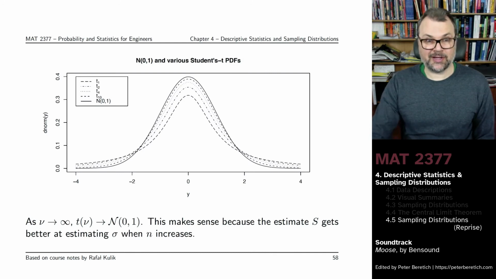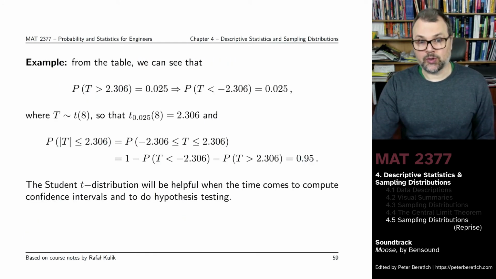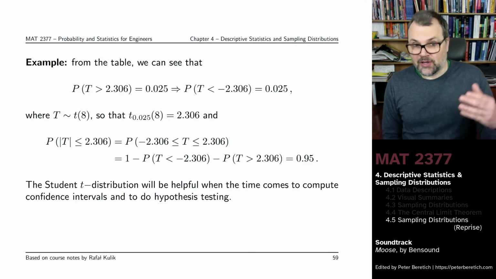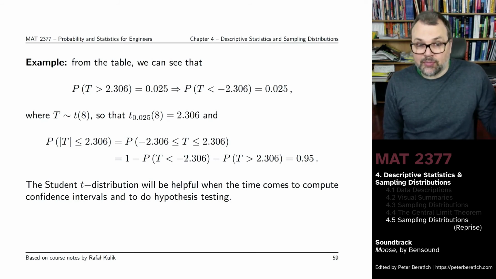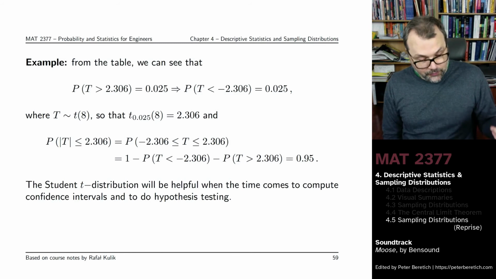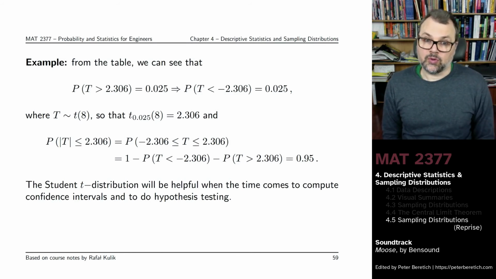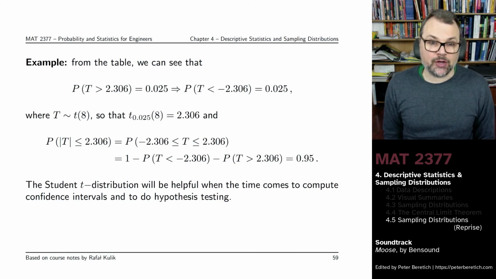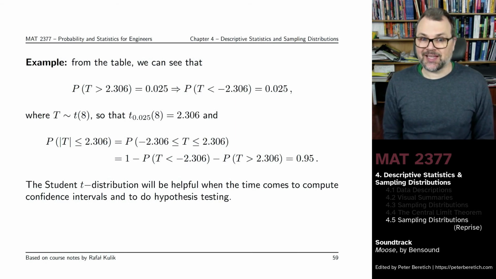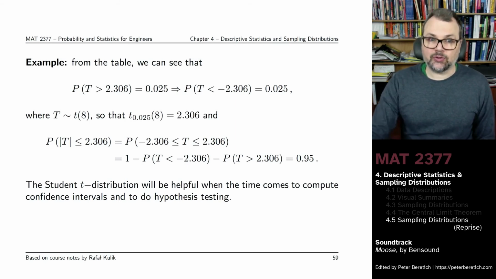S gets better at estimating sigma when you increase the number of observations in the sample. From the table, for example, you could see that the probability, when nu is equal to 8, that your distribution would draw a number greater than 2.306 is 0.025.